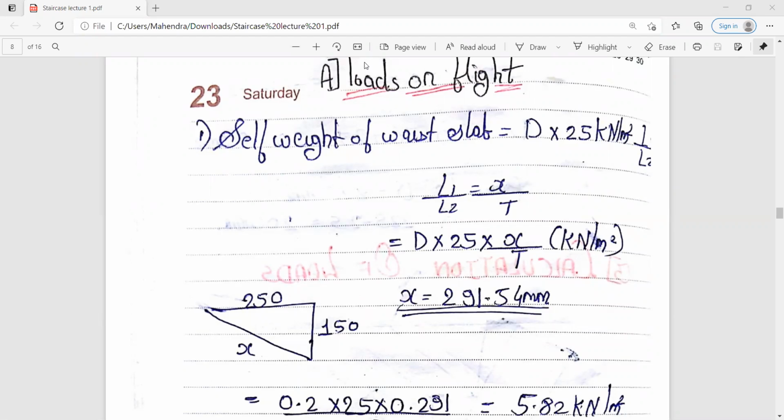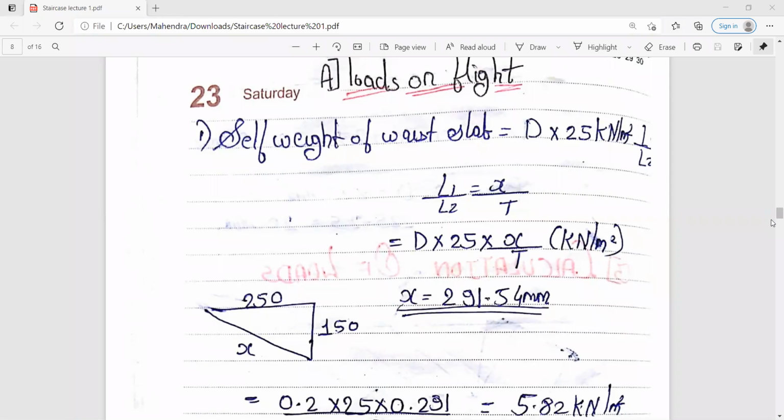That's why we are going to consider L1 by L2. अभी यहाँ पे this is total the you have to apply Pythagoras theorem in order to calculate the value for x. So after applying the Pythagoras theorem, आपको x की value मिल जाएगी.